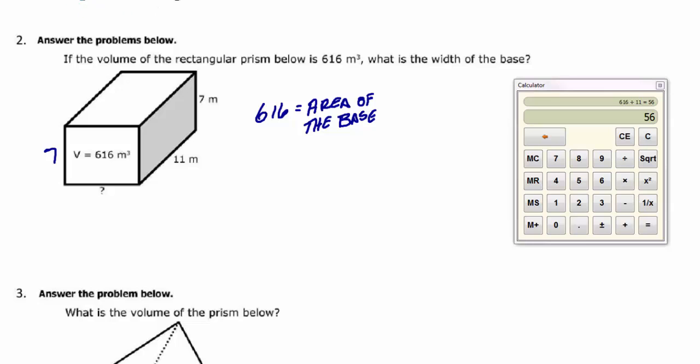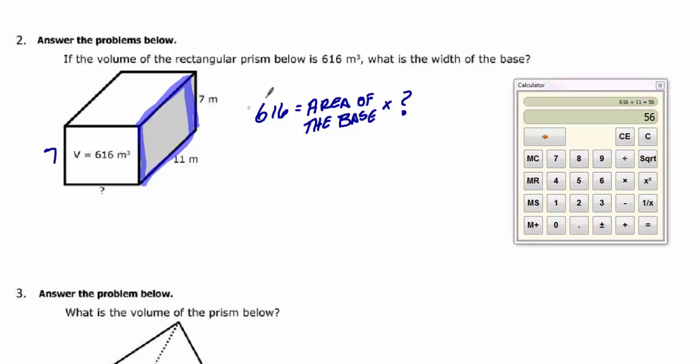For this problem, I'm going to consider this to be the base. I don't have to use an end. I can use a side if I want to, as long as there's one on both sides, just like this. So that's my base. So my 616 is equal to that times the unknown.